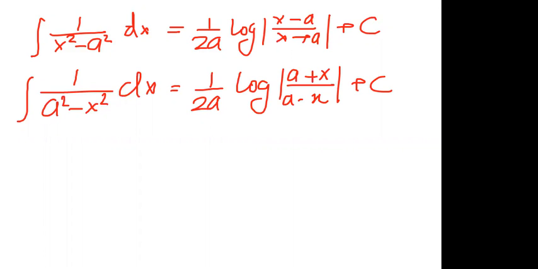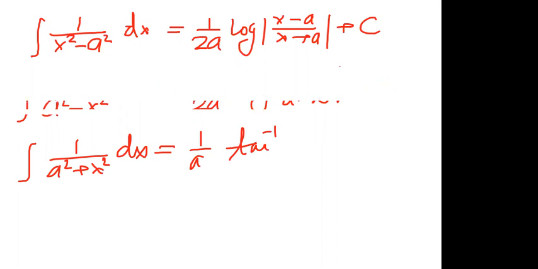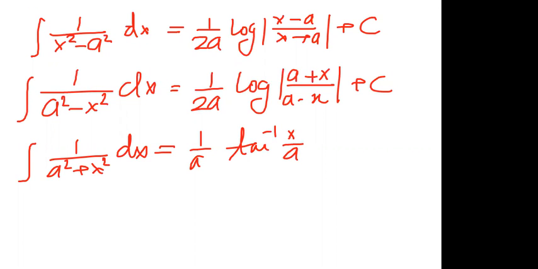And the third one, these three we are going to do for the day: integral 1 upon a square plus x square dx is equal to 1 upon a tan inverse (x upon a) plus c. These are the three identities.